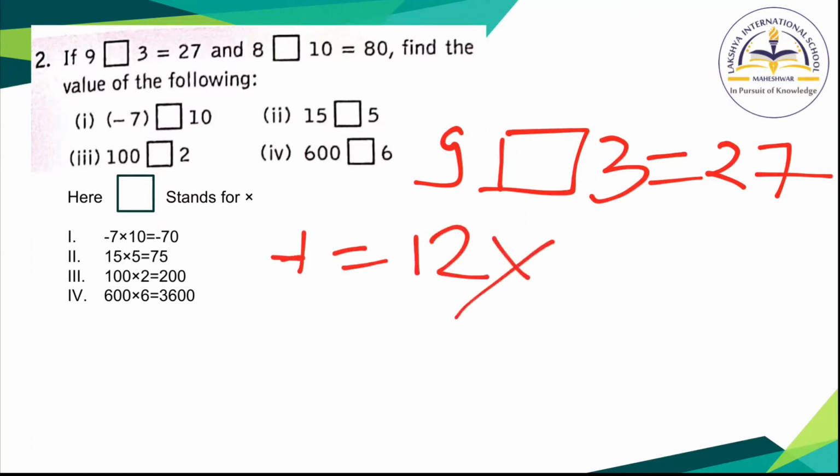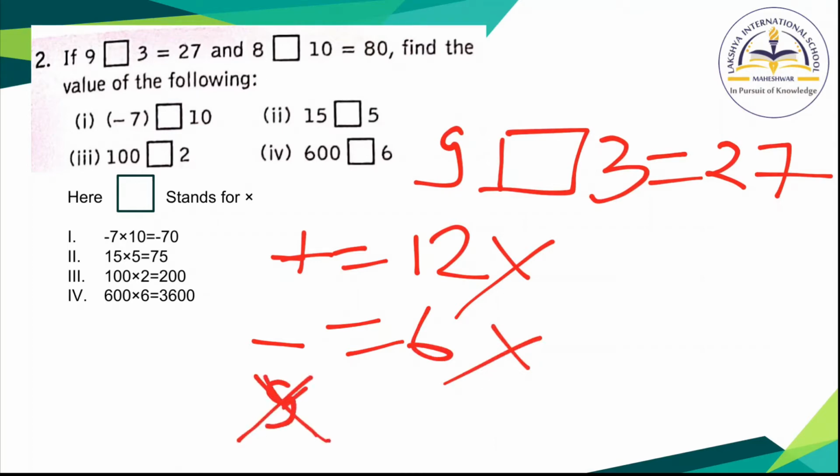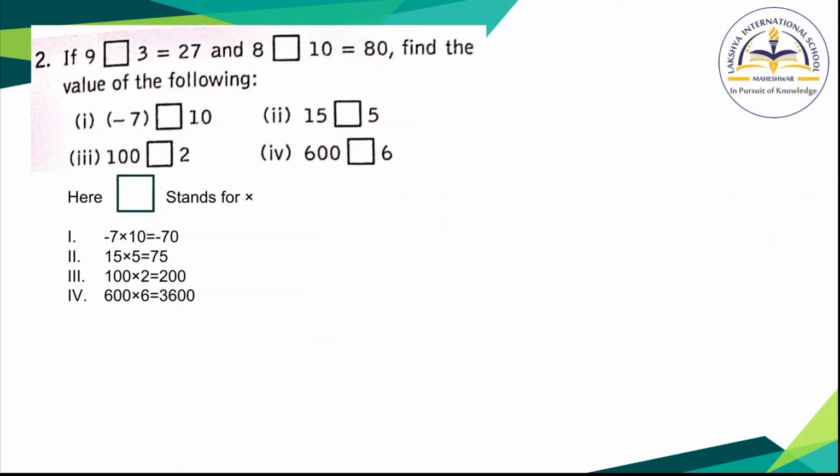This one is not applicable. Subtraction, when you subtract them, you will get 6. Now multiplication: 9 3s are 27. So we will use multiplication. Box stands for multiplication.